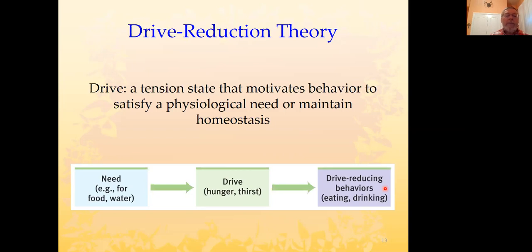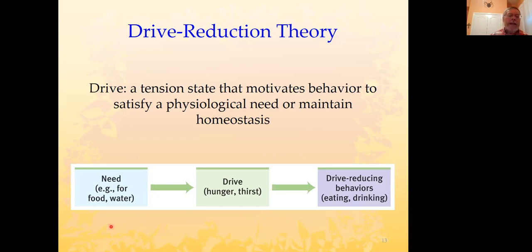Now, also, this need to reduce drives can explain some behavior that otherwise doesn't make sense. Why would people be motivated to do things like eat spoiled or unappetizing foods? Or why would a person on some occasions even drink their own urine?